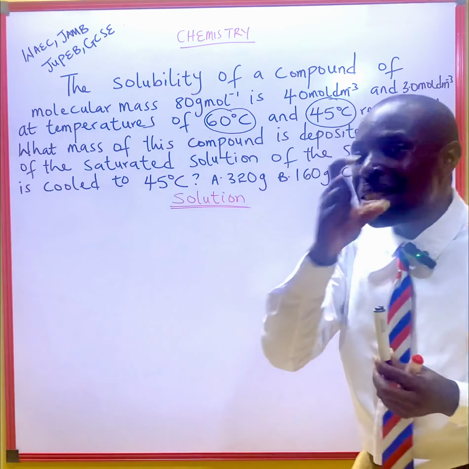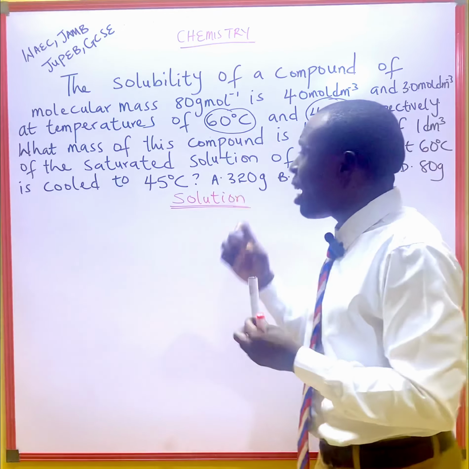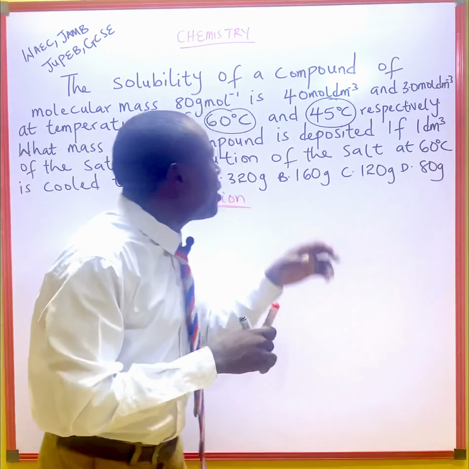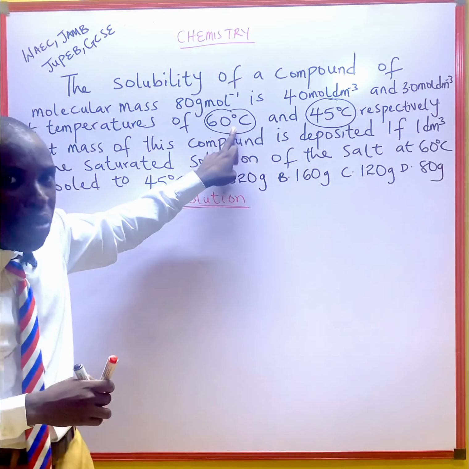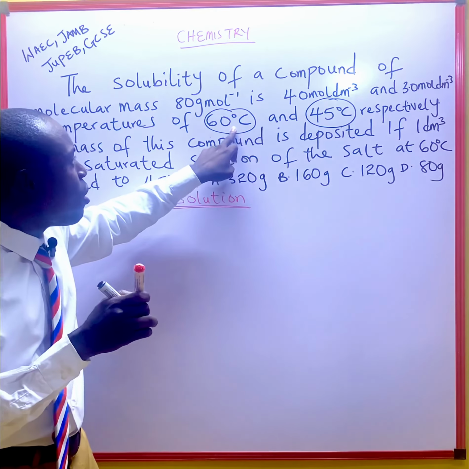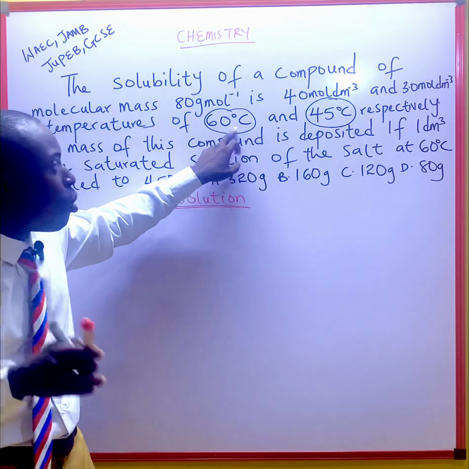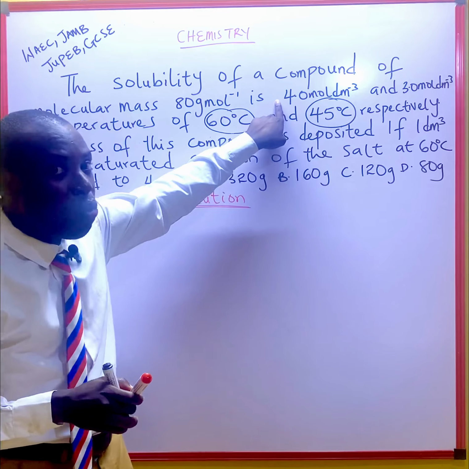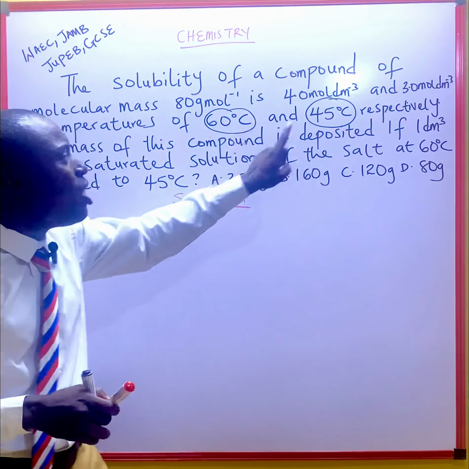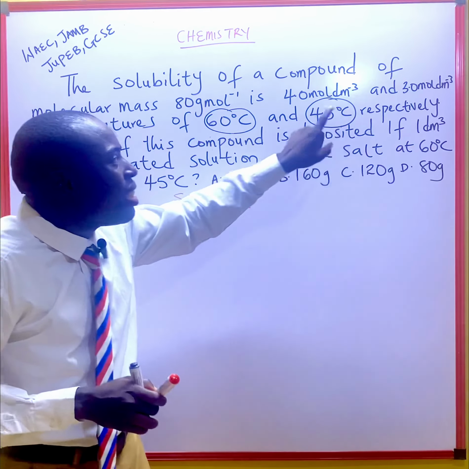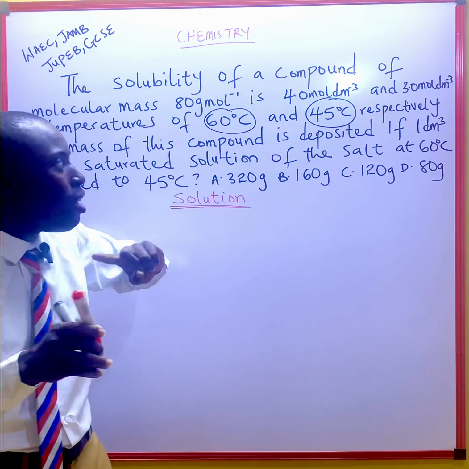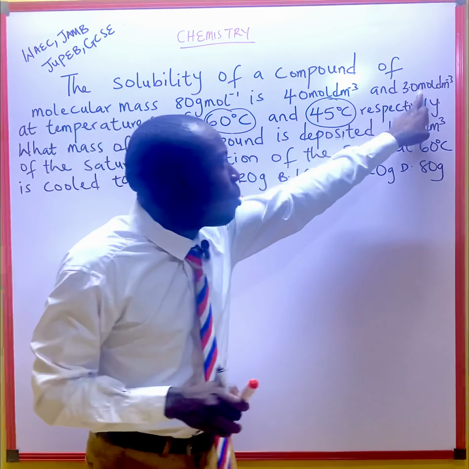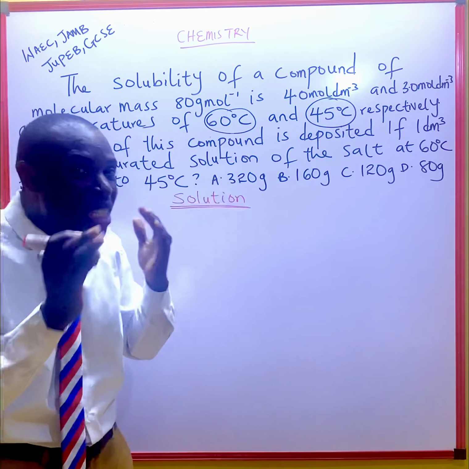What does that statement simply mean? It means that at this particular temperature, the solubility was 4.0, and at this other temperature, the solubility of the compound was 3.0. That's the meaning of the word respectively.